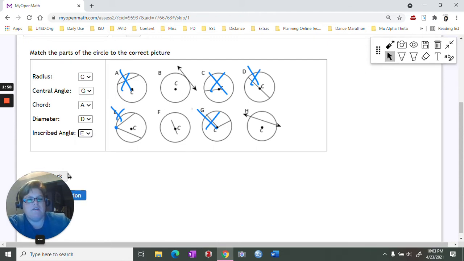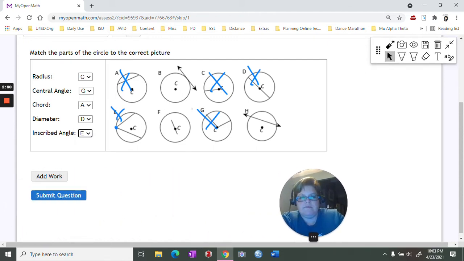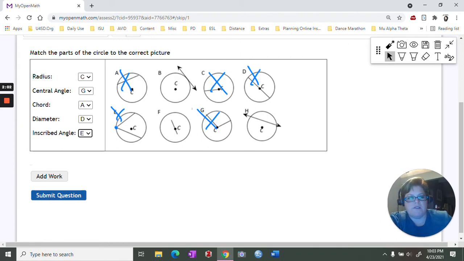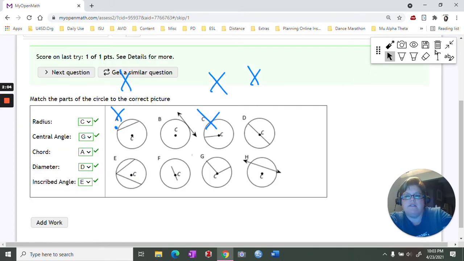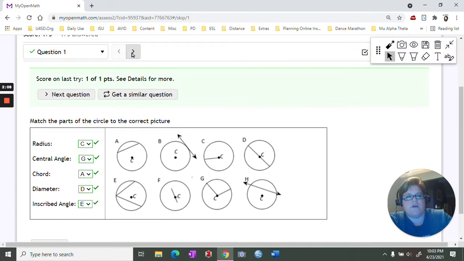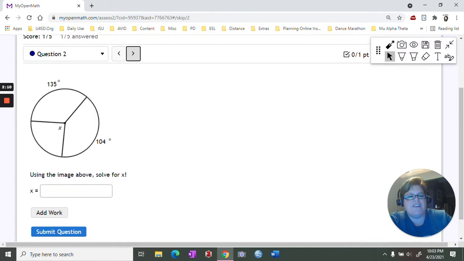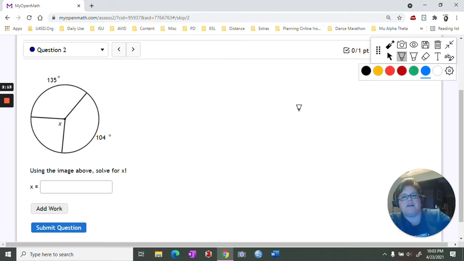Let me move my face over here. So we'll submit that, and then we'll do our next question. Here we want to find this angle, x degrees. Notice it's a central angle.